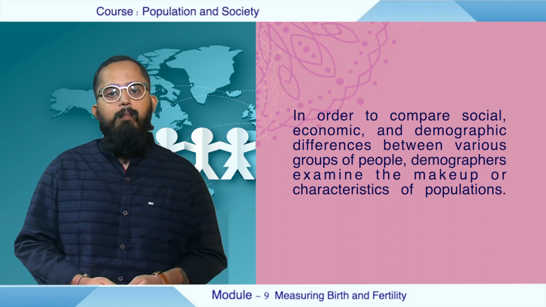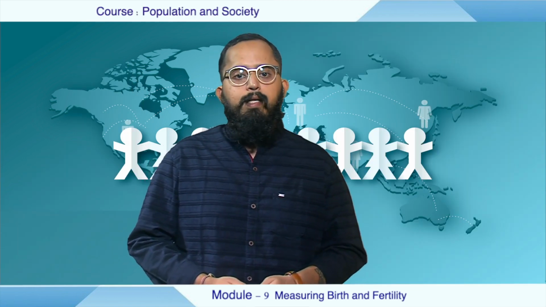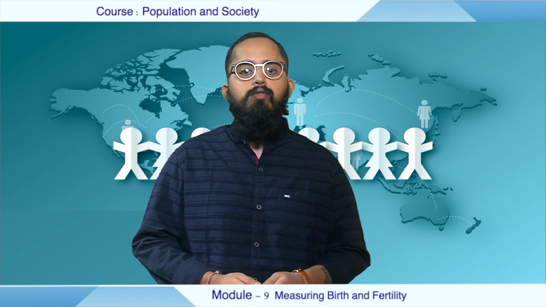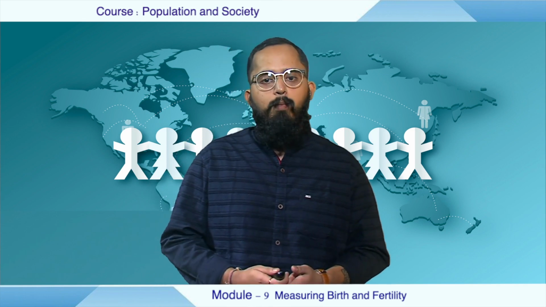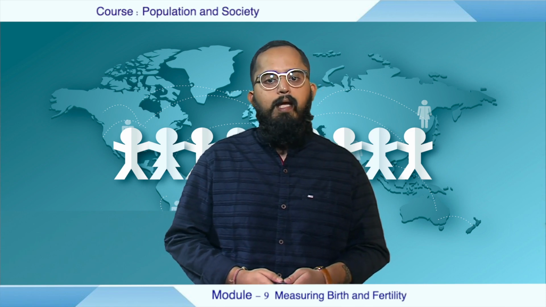Demographers examine the makeup or characteristics of populations. Policymakers and others can make decisions regarding significant social, political, economic, as well as environmental issues with the assistance of an understanding of these demographic patterns and trends.